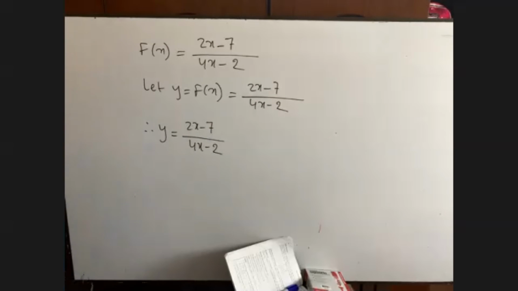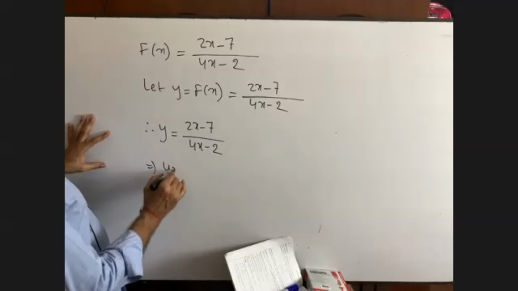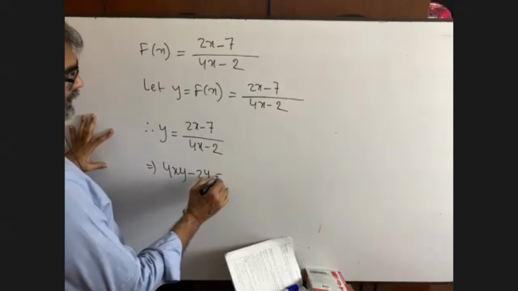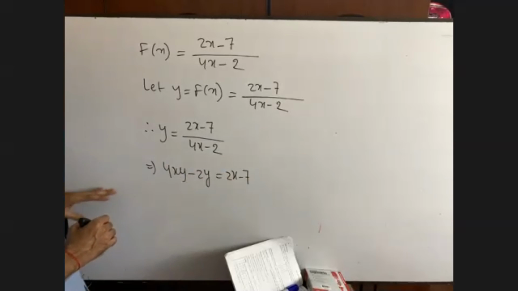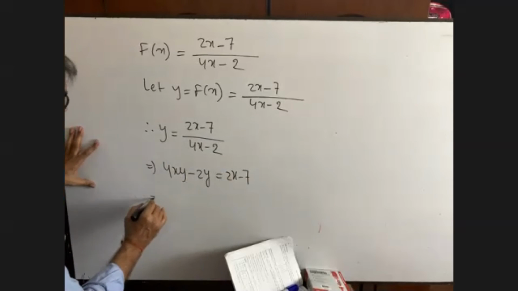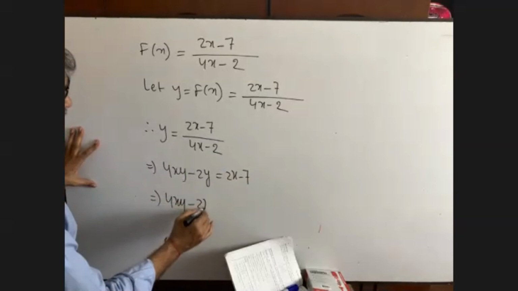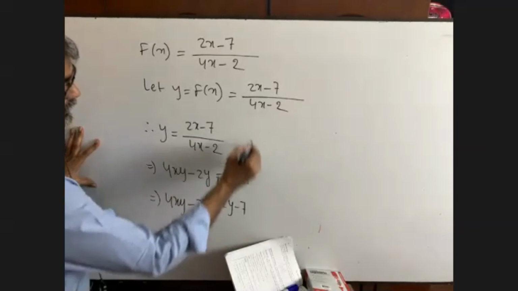Okay? Now from here, you can write down 4xy minus 2y is equal to 2x minus 7. We have to find the value of x, that is 4xy minus 2x equals 2y minus 7.